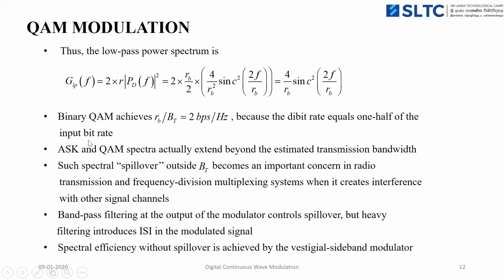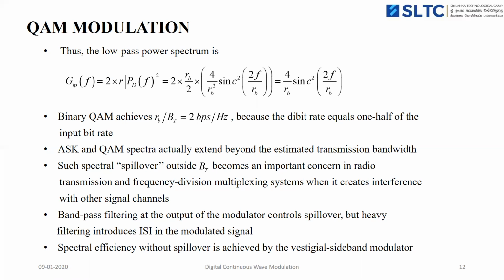Then the ASK and QAM spectra actually extend beyond the estimated transmission bandwidth. So for ASK modulation and QAM, the power spectrum goes beyond the allocated bandwidth. This is called spectral spillover.